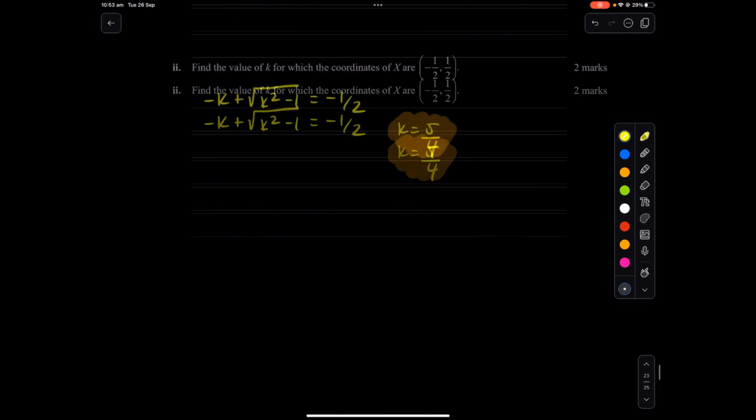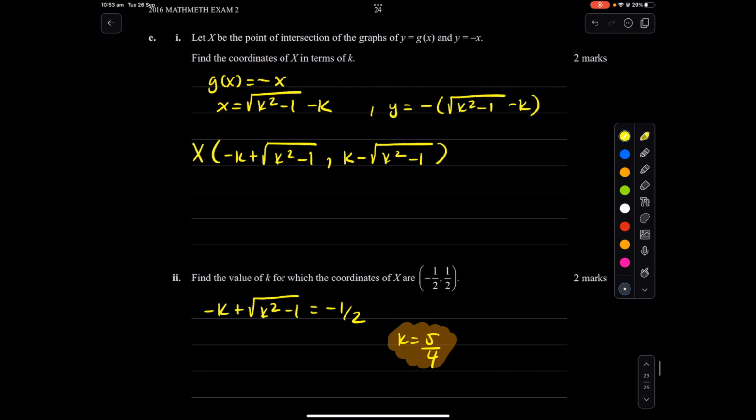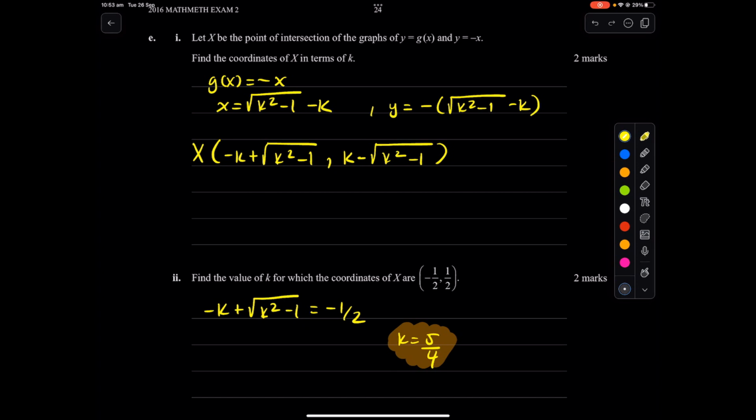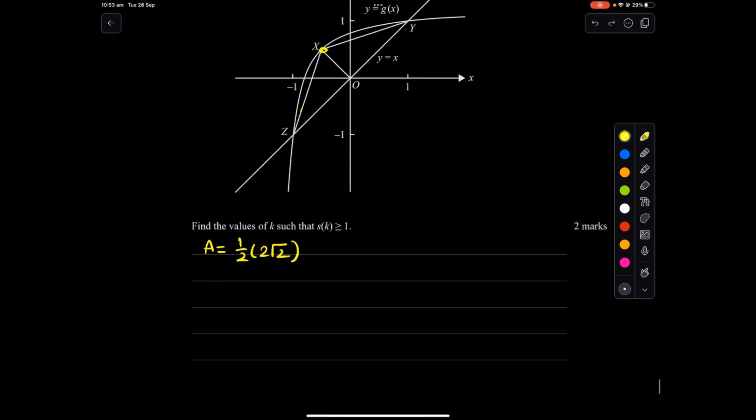Yeah, y equals negative x. So we've already calculated the intersection point, which gives us our x value. That's our x. So we've already calculated the coordinate of x.